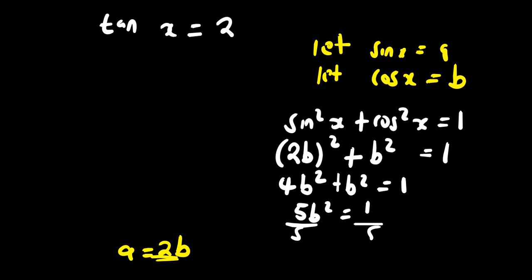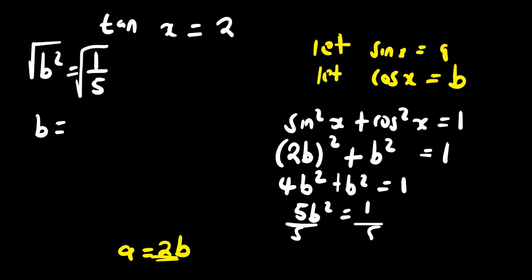So b squared will be equal to 1 over 5. To remove the square, I'm going to take the square root on both sides. The square root of 1 is just 1, over the square root of 5. Okay, we found what b is.